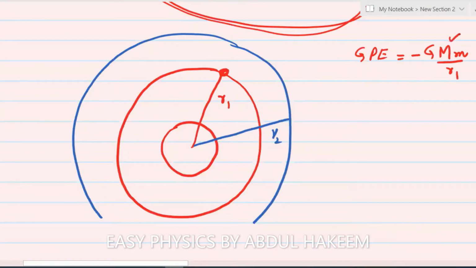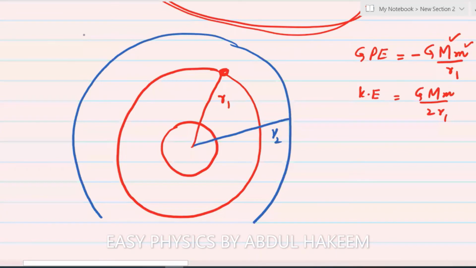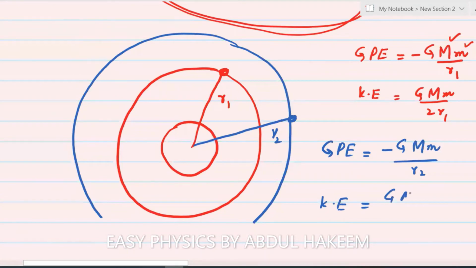M is the mass of the planet, small m is the mass of the satellite, and R1 is the radius. Its kinetic energy is equal to GMm over 2R1. When the same satellite is moved to the second orbit, its gravitational potential energy will be different, minus GMm over R2, and the kinetic energy is equal to GMm over 2R2.